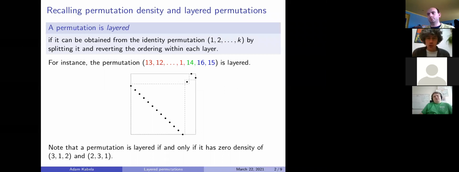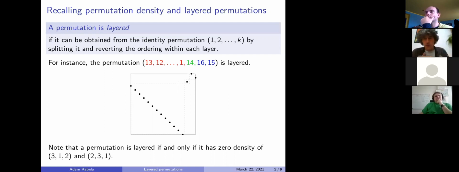Now there's 2 equivalent ways how to define layered permutations. So one would be to describe the structure. That is, there are these layers, and within each layer the permutation is decreasing, and layer-wise, I mean, the consecutive layers are increasing.